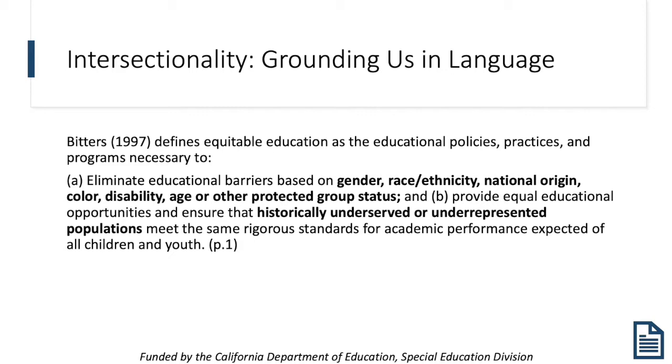Bitters defines equitable education as the educational policies, practices, and programs necessary to eliminate educational barriers based on gender, race, ethnicity, national origin, color, disability, age, or other protected groups of status, and provide equal educational opportunities and ensure that historically underserved or unrepresented populations meet the same rigorous standards for academic performance expected of all children and youth.